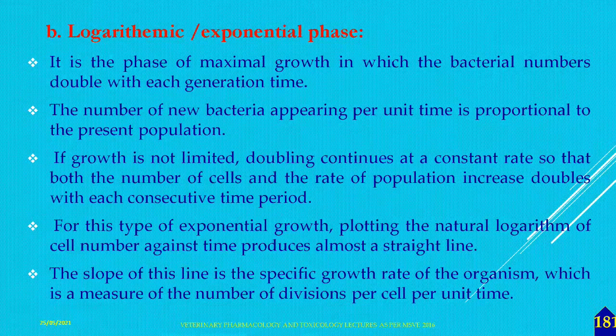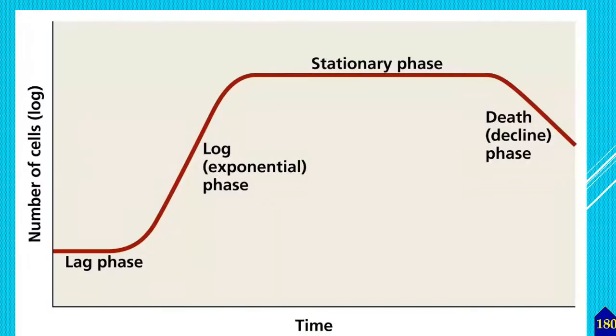The number of bacteria will be increasing the first hour, second hour, third hour. For this type of exponential growth, plotting the natural logarithm of cell number against time produces almost a straight line, as you can see here. So exponentially it is going to increase.